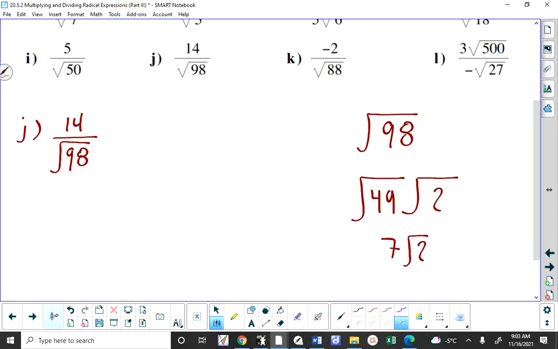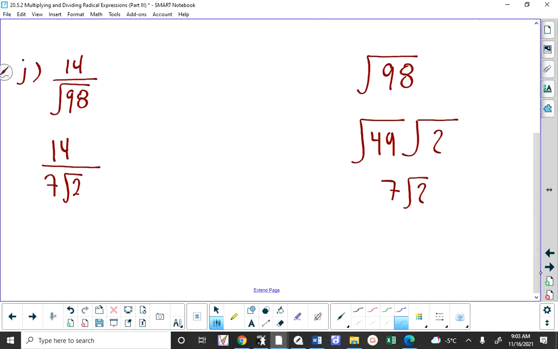And you can see something nice has happened here. We had a coefficient of 14 in the numerator, and we have a coefficient of 7 now in the denominator, and 14 divided by 7 works out well. It works out to 2. So we end up with 2 over root 2.